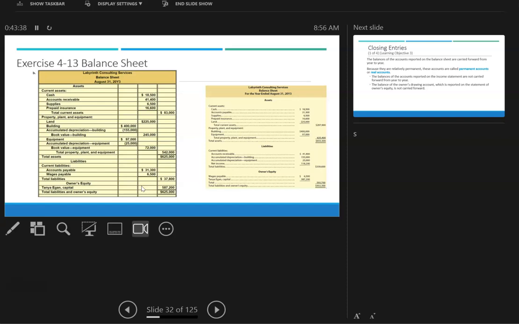And then our equipment, the accumulated depreciation on the equipment gets subtracted. And we have our total assets. Then we have only two liabilities, accounts payable and wages payable. And then our Tanya Egan capital. Okay? Make sense?